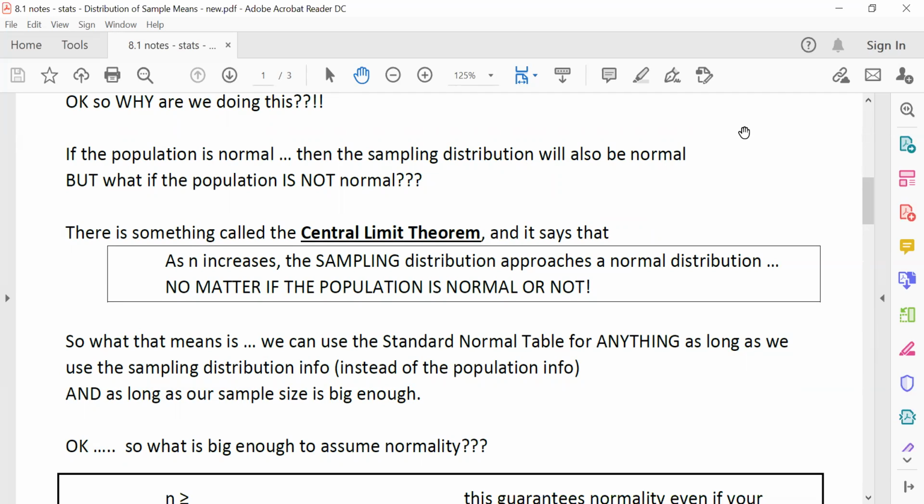That doesn't sound horribly powerful, but it allows us to ask questions like: in a class of 25 people, if each individual test score is normally distributed with a mean of 80 and a standard deviation of 4, I can also tell you the distribution of the average. What will the average test grade in that class look like? It will also be, or roughly will be, normally distributed, depending on whether the population was.